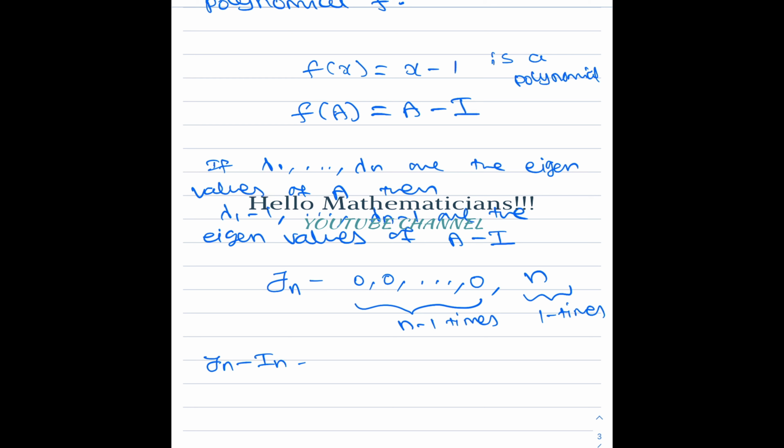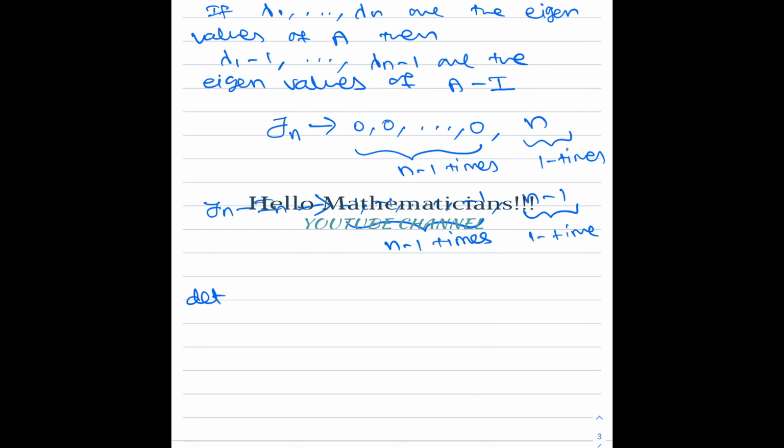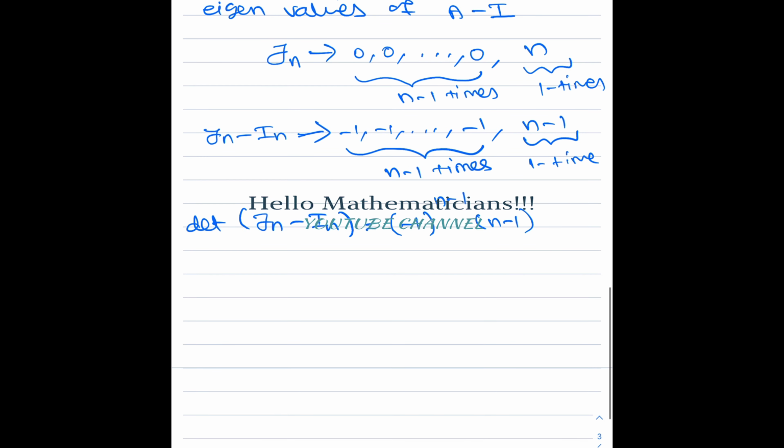Therefore, its eigenvalues are minus 1 etc. minus 1, comma n minus 1. How many times? Minus 1, n minus 1 times, and n minus 1, 1 time. Therefore, what is the determinant of Jn minus In? This is equal to minus 1 whole power n minus 1 times n minus 1. Therefore, we have solved this problem for arbitrary n.